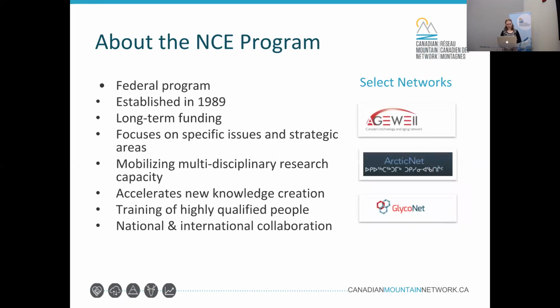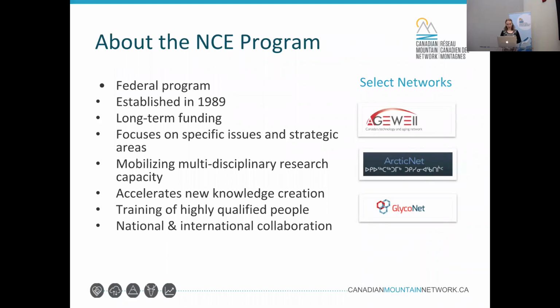So about the NCE program. It's a federal program that was established in 1989 for long-term funding, focusing on specific issues and strategic areas, mobilizing multidisciplinary research capacity, accelerating new knowledge creation, and training of highly qualified people. It's national and international collaboration.